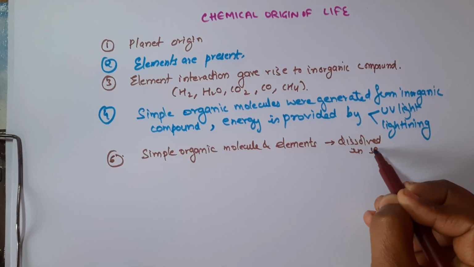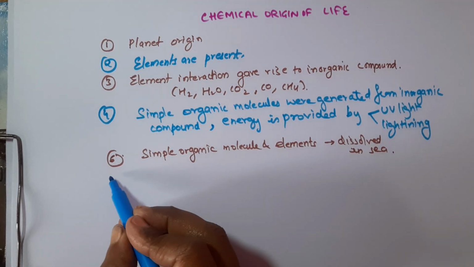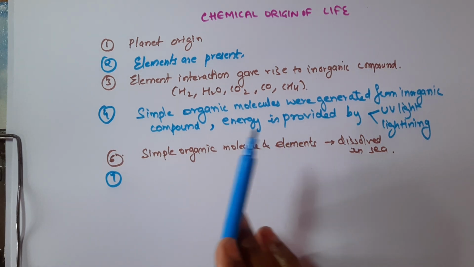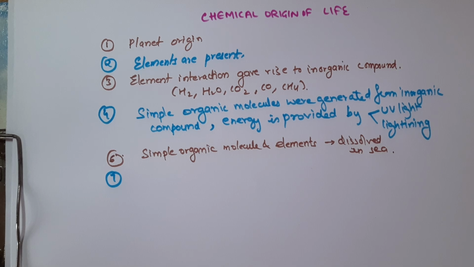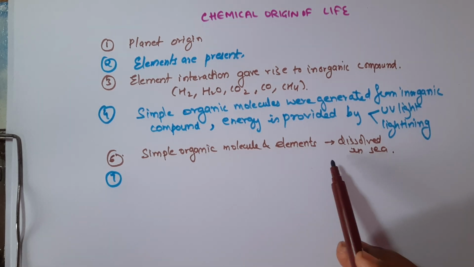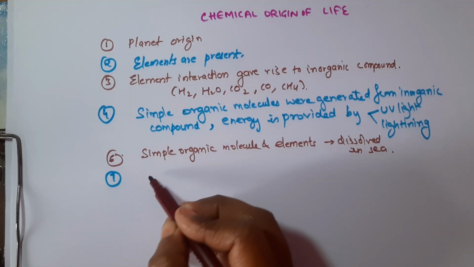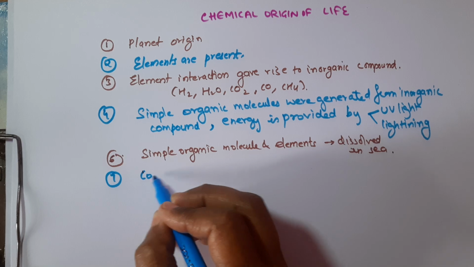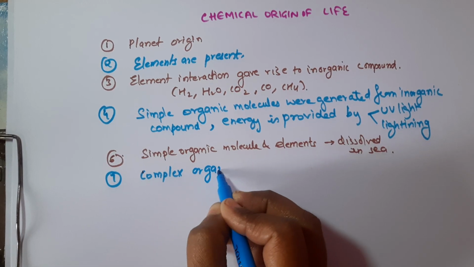This is also a quite common statement, that life has originated in the sea. And why? Because the sea has the elements that are required for the origin of life, like simple organic molecules and elements. Once the sea has the simple organic molecules and elements, what will happen? The next step is the formation of complex organic compounds. So then complex organic compounds are formed.